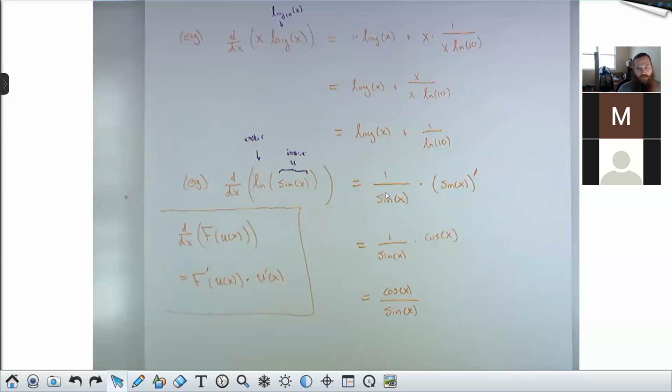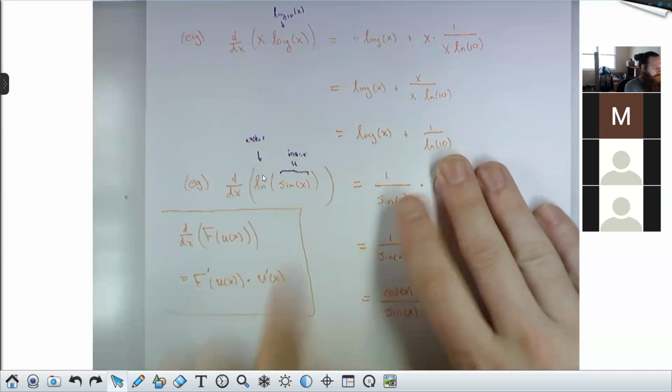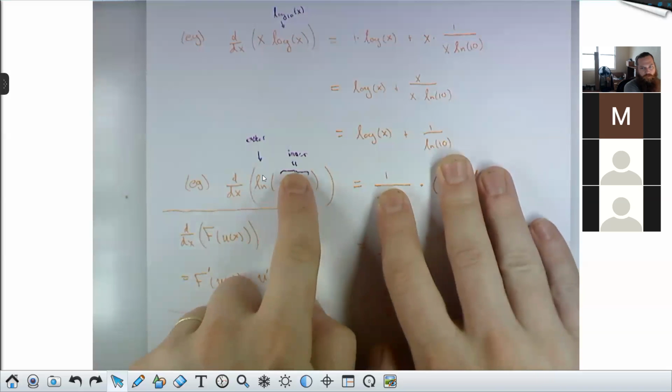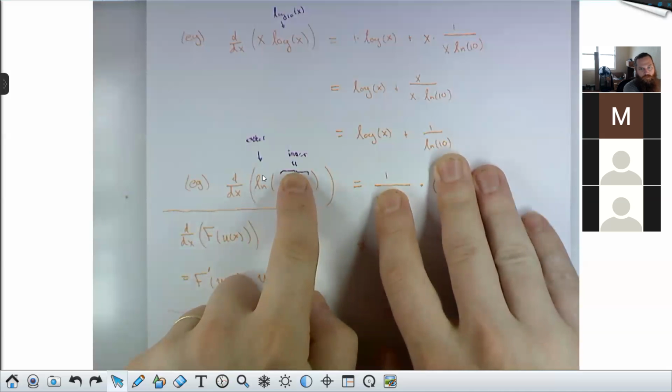Is that sitting well? So kind of think of it like this, right? Cover up the sine. If this was natural log of x, the derivative of natural log of x should just be 1 over x, right?